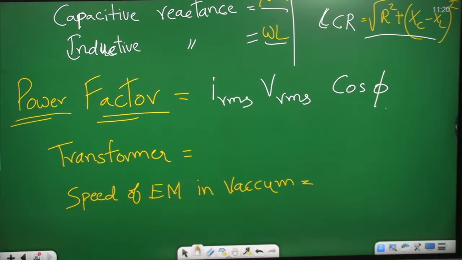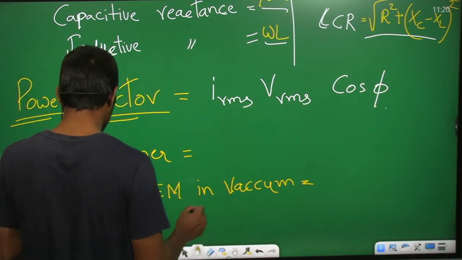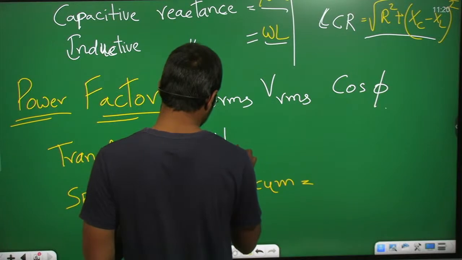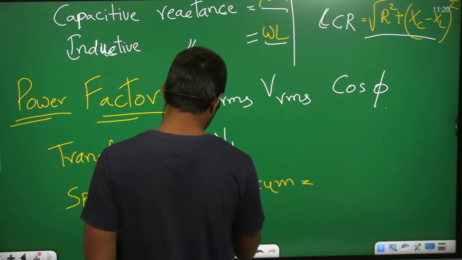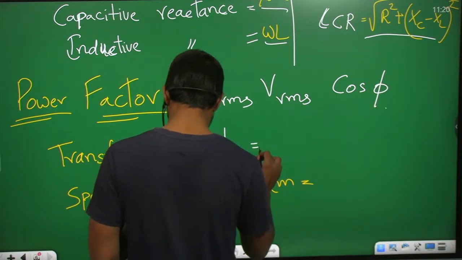Yes, we are getting right answers. So basically the types of transformer are step up and step down. So what is the formula involved? Ratio is NS by NP equal to output power by input power.